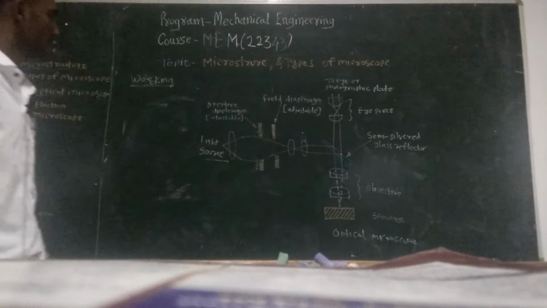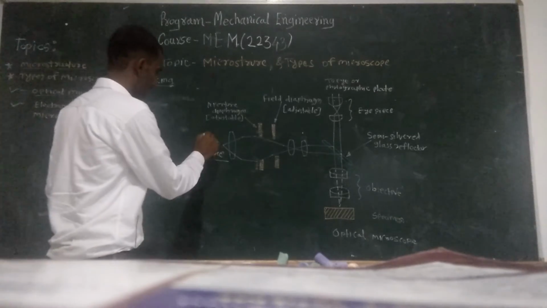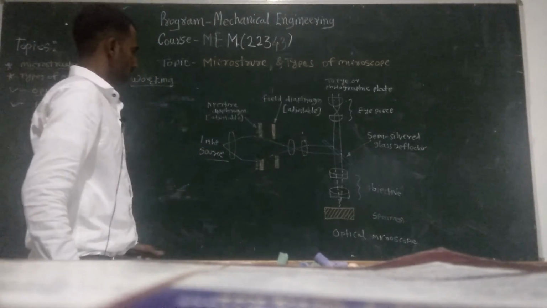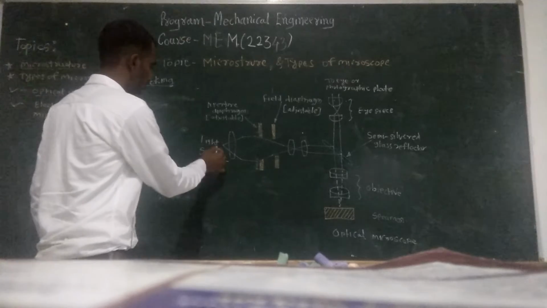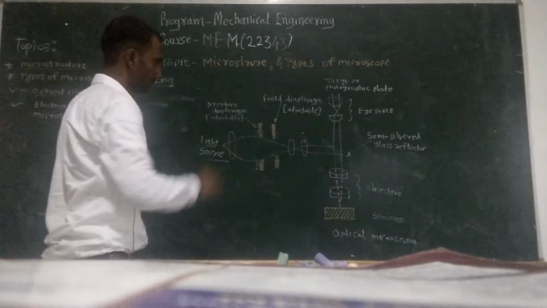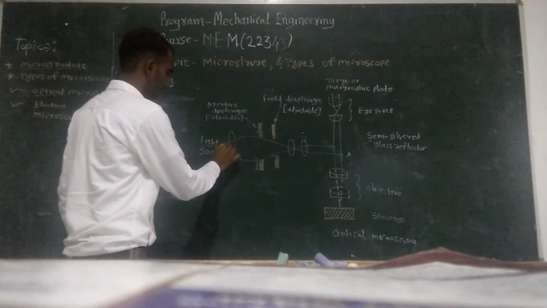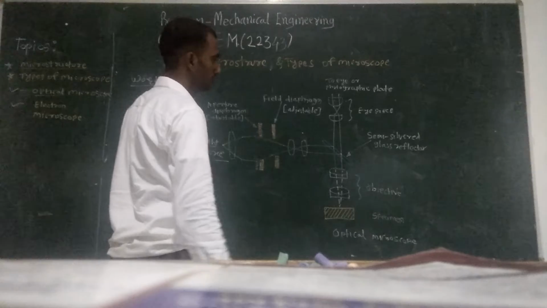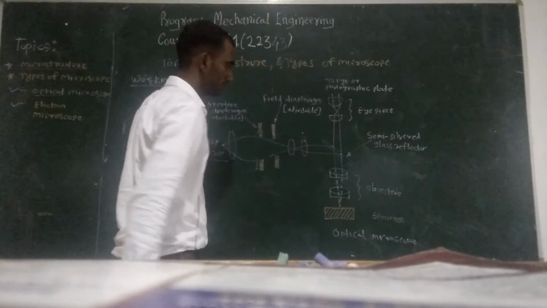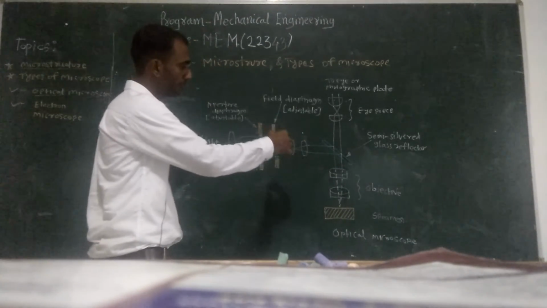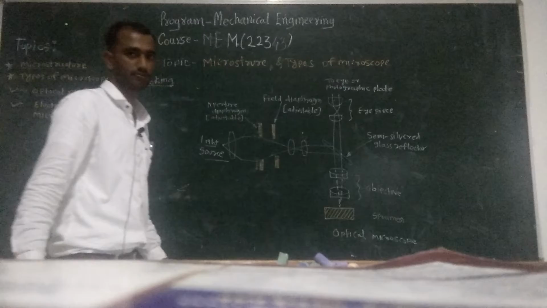Now, what happens? Through this light source, light rays are incident on a semi-silver glass reflector which is inclined at 45 degrees to the vertical axis.